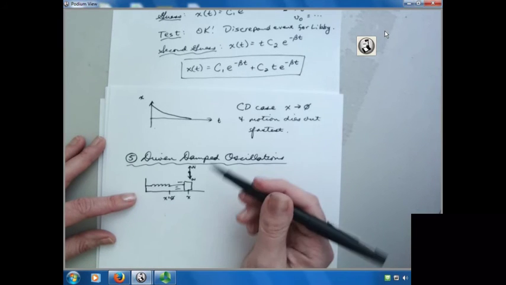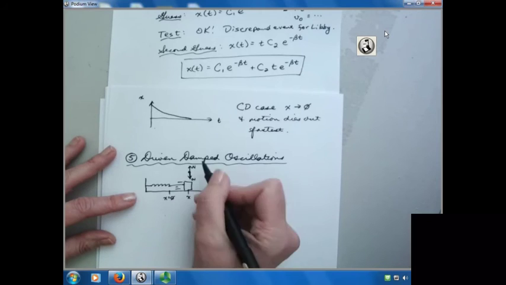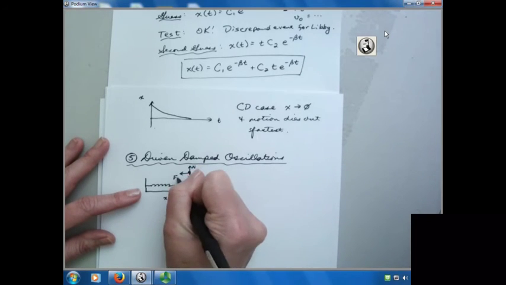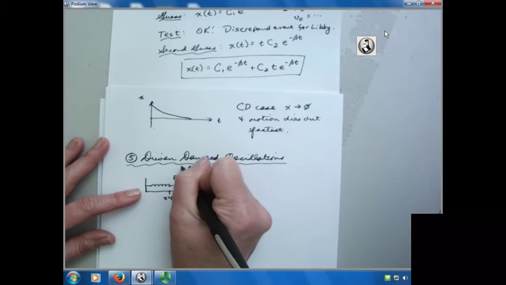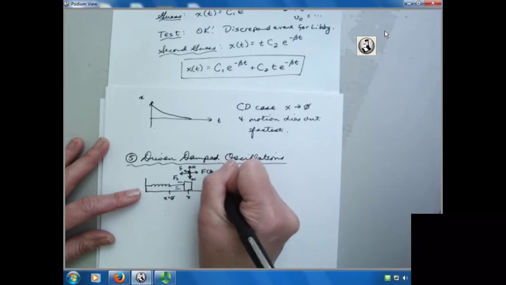So in terms of the y direction, I get a trivial equation that will not relate to the x direction. I have the force from the spring. I have the damping force. And now I'm going to have a force that is a function of time that's applied by some external agent. So that's F sub ext. Maybe that external agent is you.